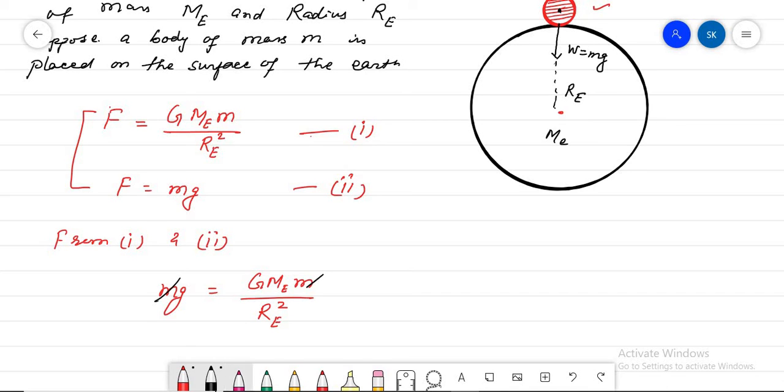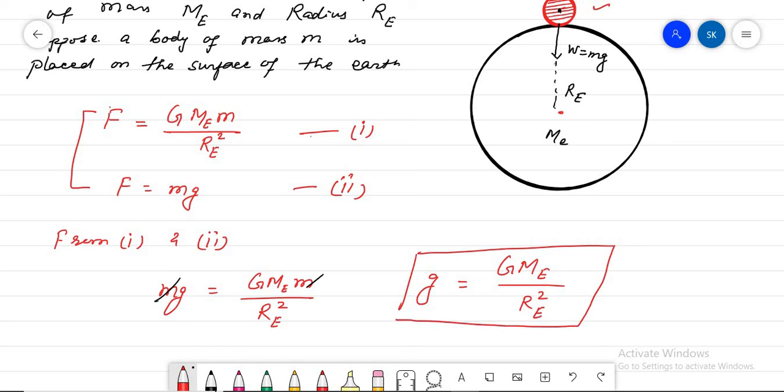Then you get the value of small g is equal to G ME upon RE square. This is the relation between small g and capital G.